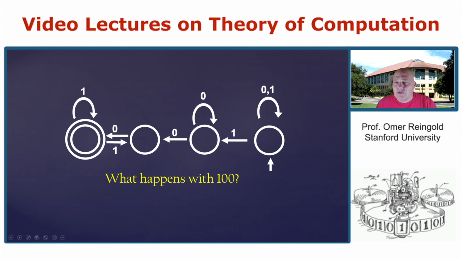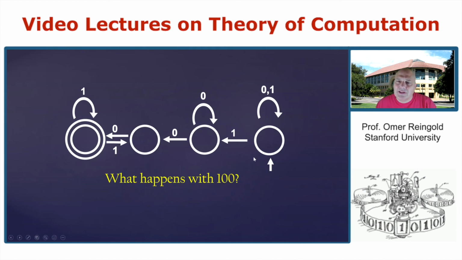So we can do various things. We can take 1, 0, 0 and get to accept. And this is an outcome that we actually want to have, because 0, 0, 1 is accepted by the original DFA.